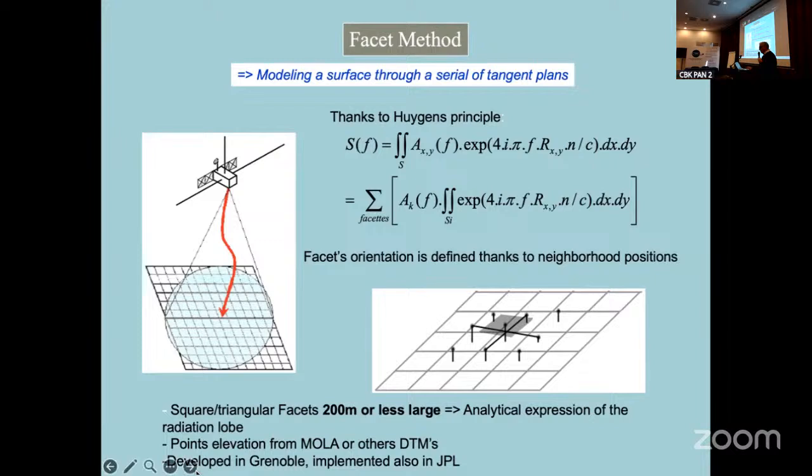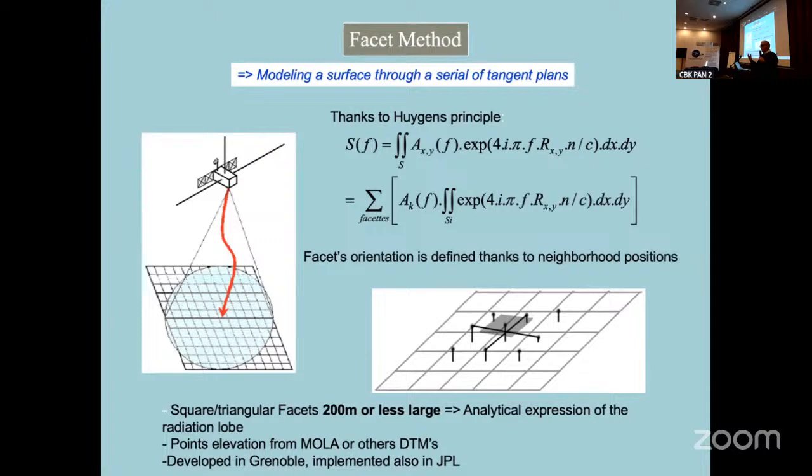But in order to do this, we have to have the model of the surface, the digital model of the surface. And for Mars, we have this kind of model. It's the MOLA model, which covers completely the planet Mars with a resolution of 100, 200, 300 meters.